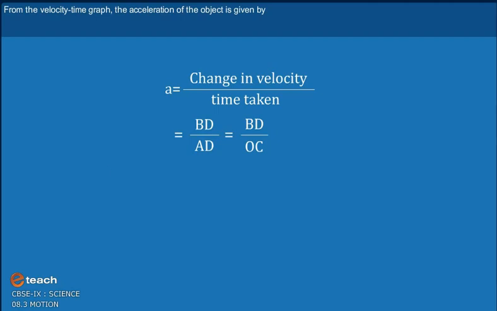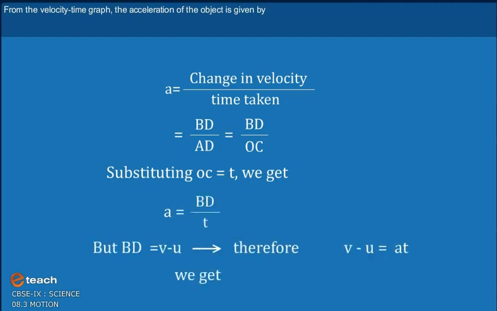Substituting OC = t, we get a = BD divided by t, or BD = at.